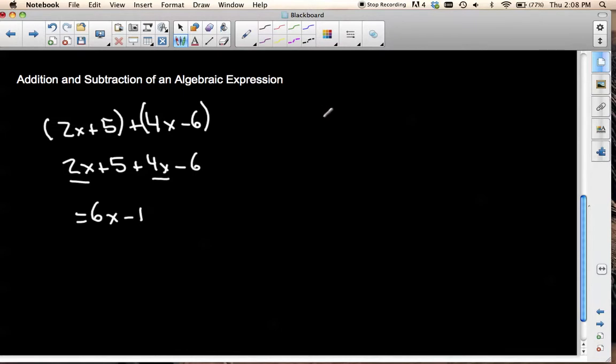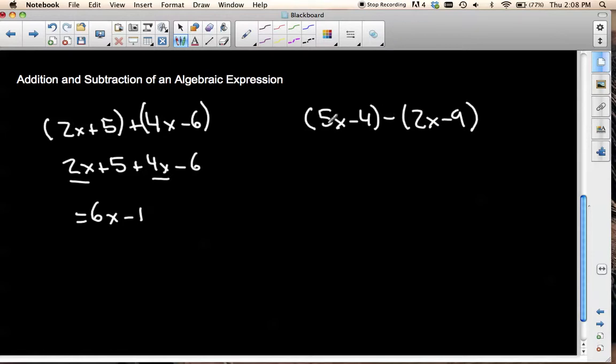Subtraction would be if I had the problem 5x minus 4 minus 2x minus 9. I would do the exact same. I apply the distributive property, which we've looked at in multiplication and division.